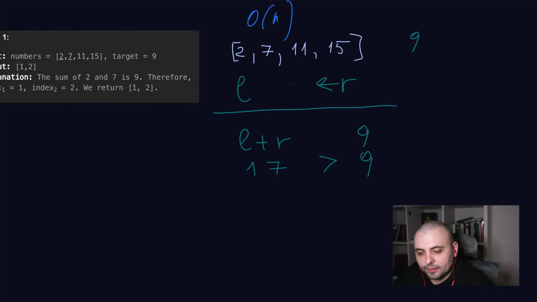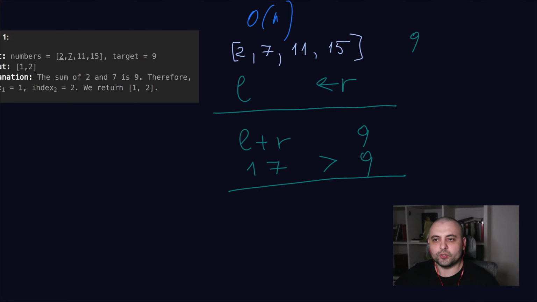So we'll be moving right a position left on the left side. So we will do right minus minus, and at the next stage we'll have left being 2 and right being 11. So we'll do this sum.